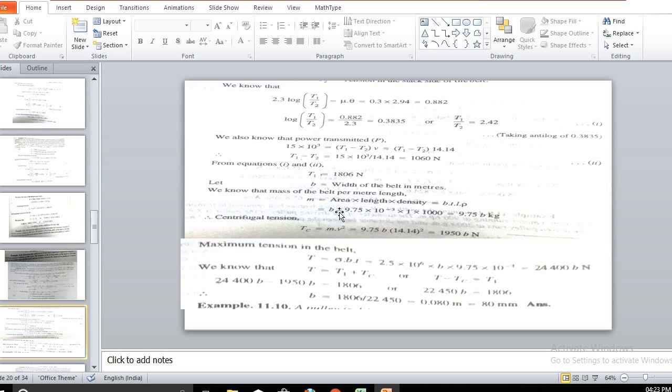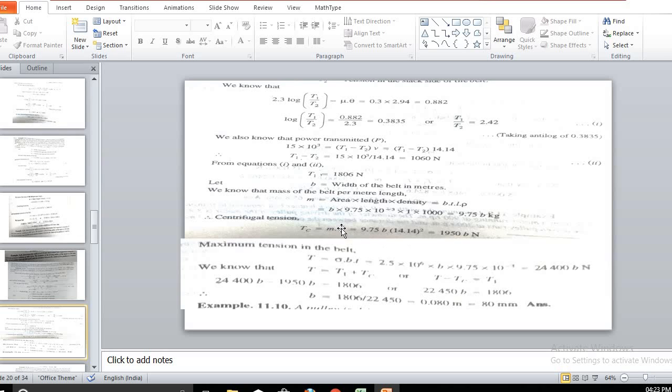Mass we can calculate as density, which is nothing but mass per volume. Volume is nothing but cross-sectional area into length. Area is width into thickness, b into t. Multiplied by length L and density 1000, that is nothing but mass.